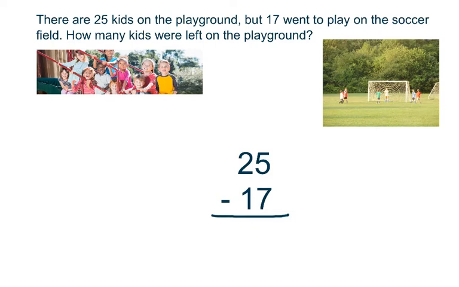Remember, we always begin in the ones. If our answer is no, then we have to borrow. We borrow from the next place value to the left, which is the tens. We borrow 1 and we regroup 10.